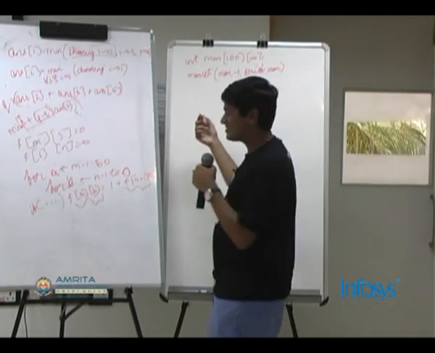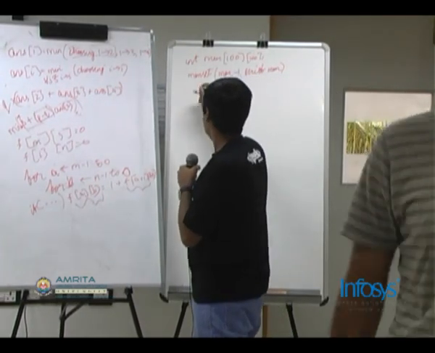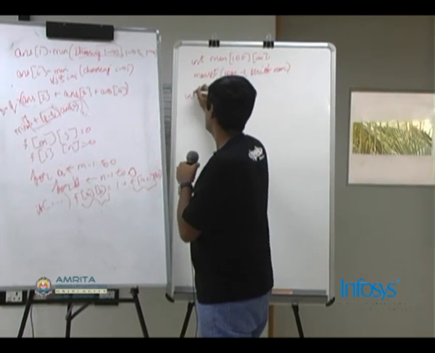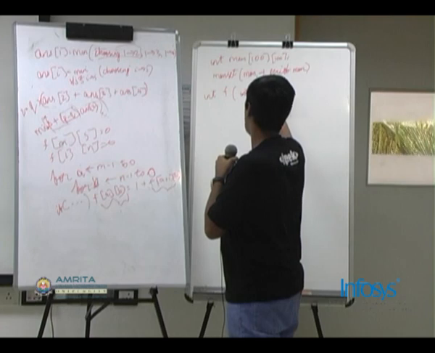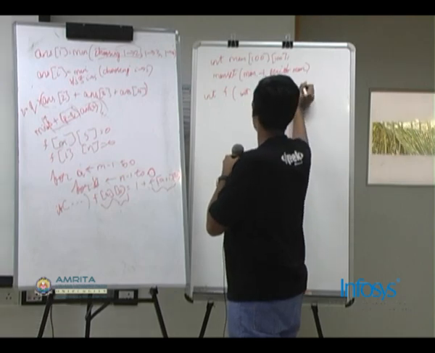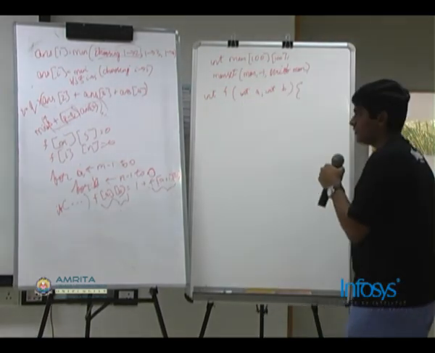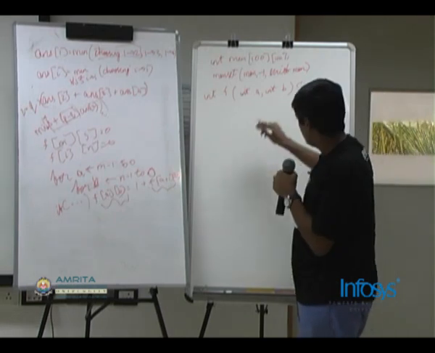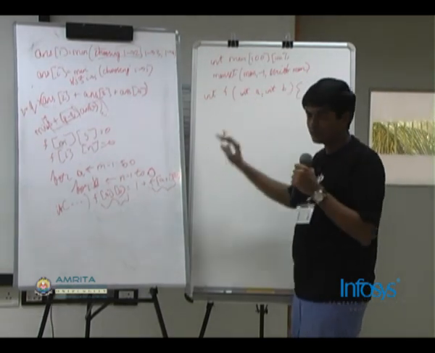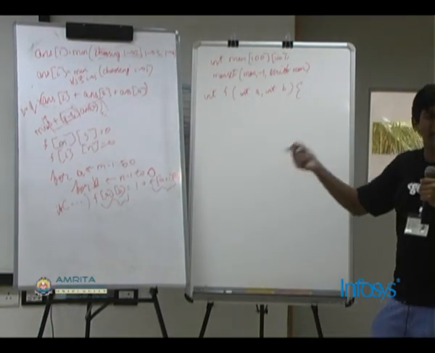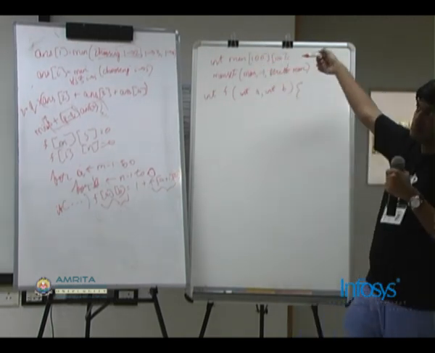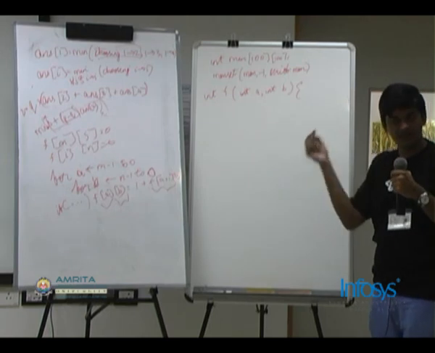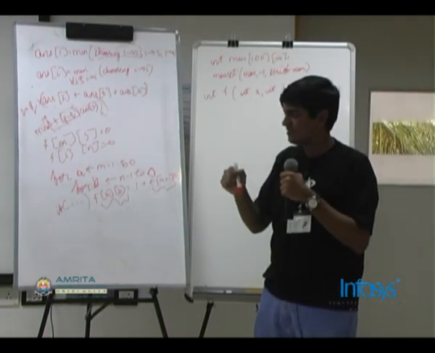Okay, the recursive code will go like int f, int a, comma int b. First we will check whether we have already reached the state a comma b. This can be checked by whether mem of a comma b is -1, then this is the first time we are reaching this state.